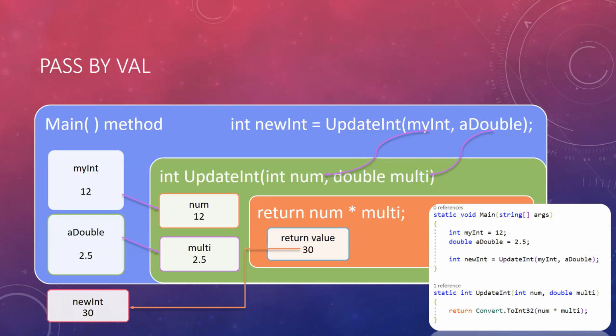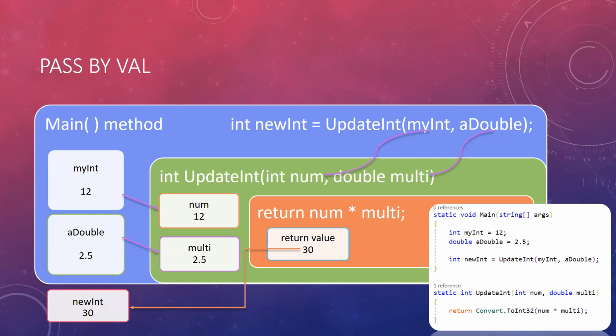When we're using the standard passing by value that C# and most programming languages use, we're used to none of these variables being affected by the code within this method, right? We take this value, number 12, and we pass it in, and it becomes the value for this integer num within our method.